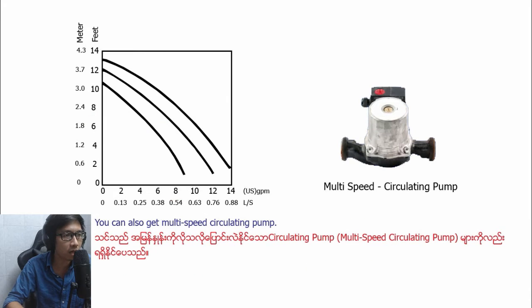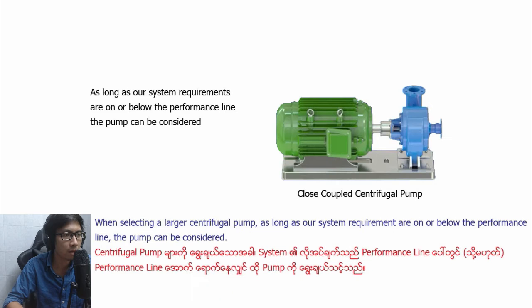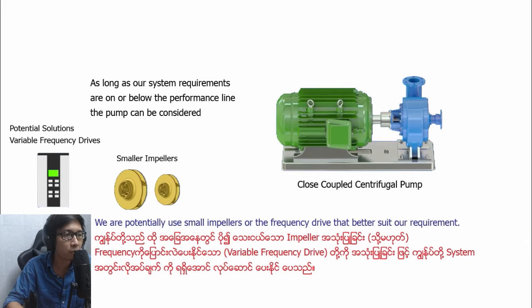We can also get multiple speed circulating pumps. When selecting a larger centrifugal pump, as long as our system requirements are on or below the performance line, the pump can be considered. We could potentially use a smaller impeller or a frequency drive that better suits our requirement.